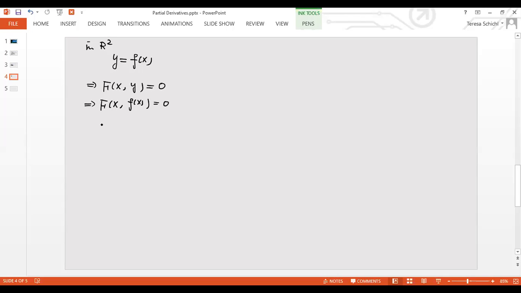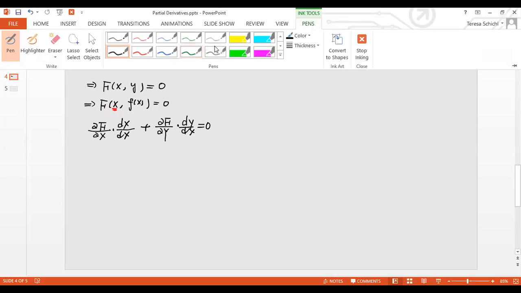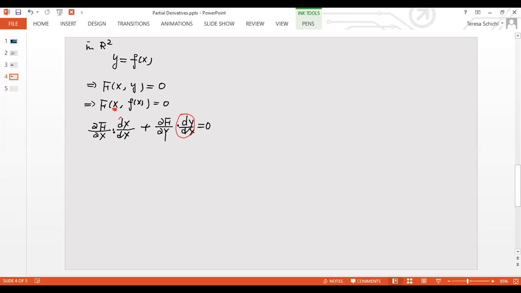Then I'm going to take the partial derivatives. Because the big F is a function of x, the first one is partial f partial x, times the chain rule, so this will be dx dx. Then plus partial f partial y times dy dx, equal to 0. This is the chain rule concept.